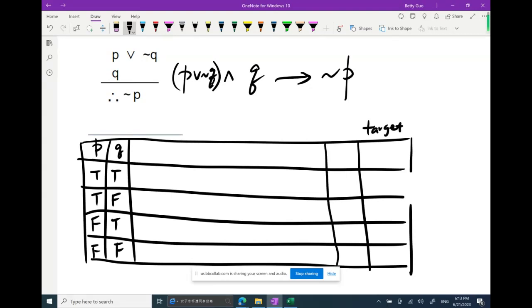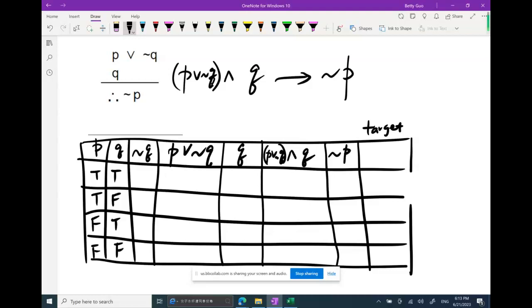And this column is going to be the consequent, not P. And this column, I'm going to have my antecedent. First piece, P or not Q. Second piece, Q, right? And this is going to be Q. I don't mind copying one more time. And this is not Q. And this one is P or not Q.